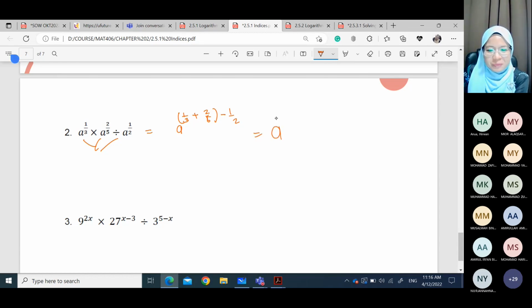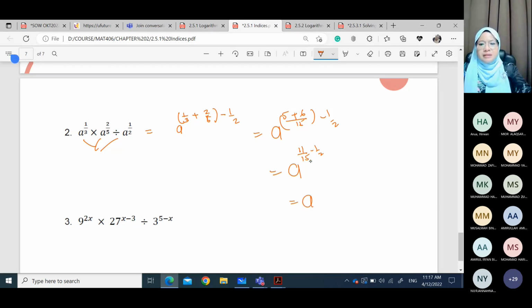Okay, so jawapan dia 1 over 3 plus 2 over 5. So make sure pembawah dia sama. So kita guna darab silang lah. 5 times 1 is 5 plus 3 times 2 is 6. The whole thing over 3 times 5 is 15. Okay, minus 1 over 2 equal to A. 11 over 15 minus 1 over 2.